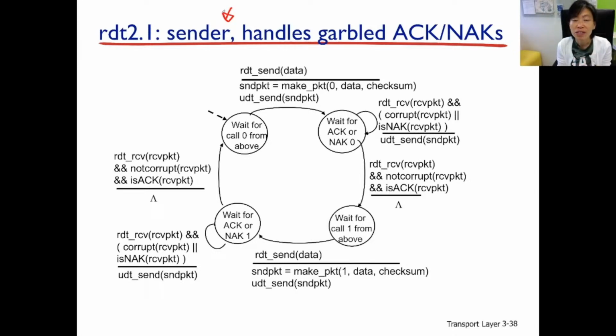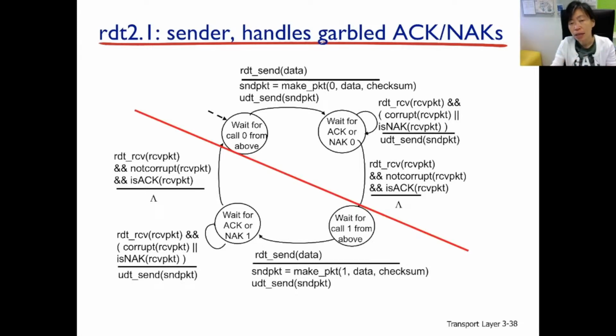So this is the sender side of RDT 2.1, which is the version of reliable data transfer that handles corrupted ACK/NAKs coming back from the receiver. Now, the easiest way to look at the finite state machine here is by drawing a line separating the two mirror parts.